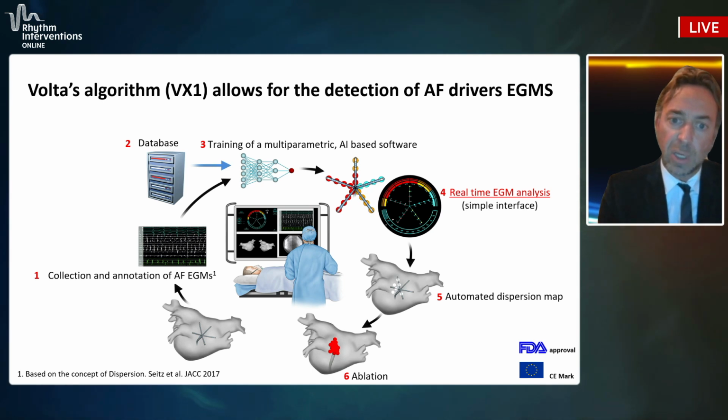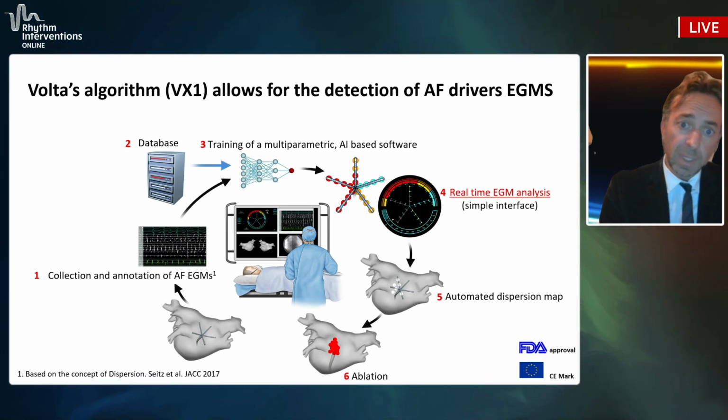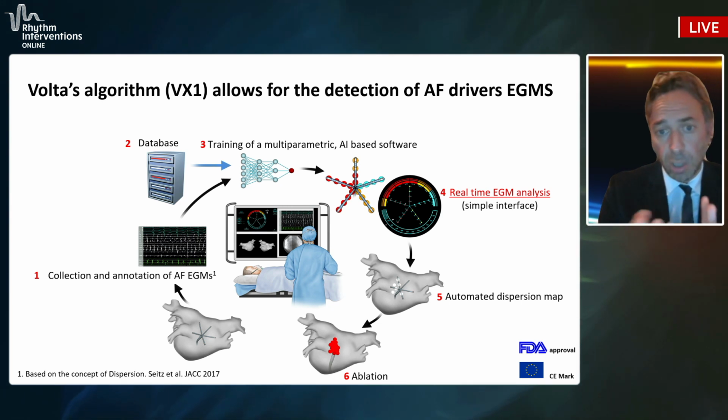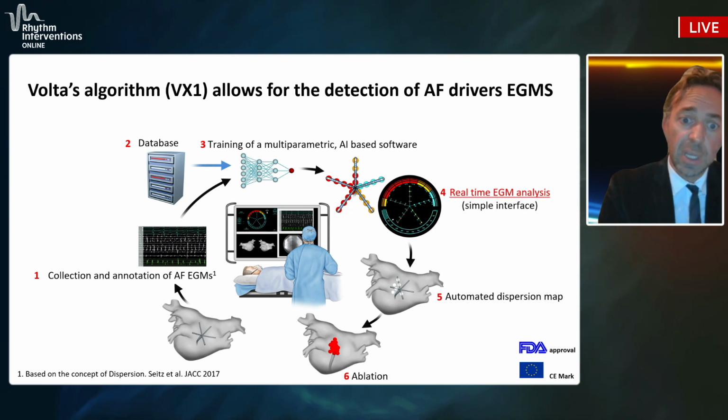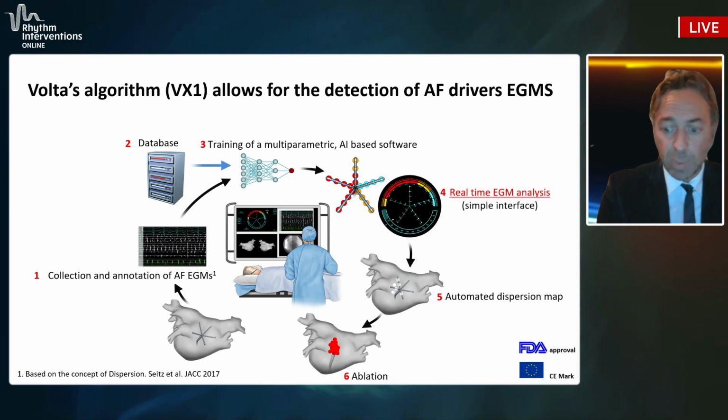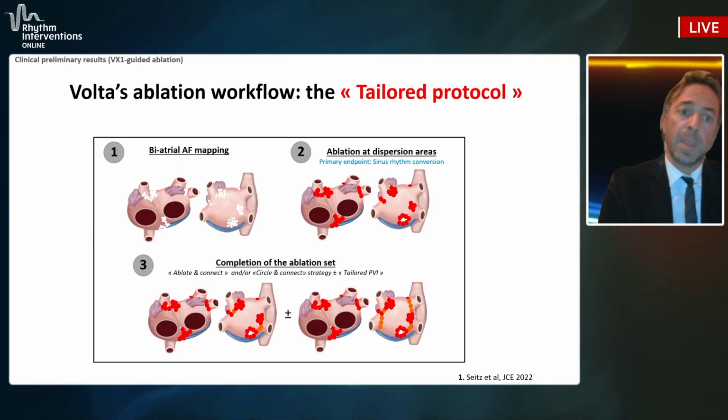When the bipole of the catheter is blue, it's a cold area, so it's a bystander area. When it's orange or red, it's a hot area. We tag these regions with clusters of dots on the 3D shell that will guide the ablation.